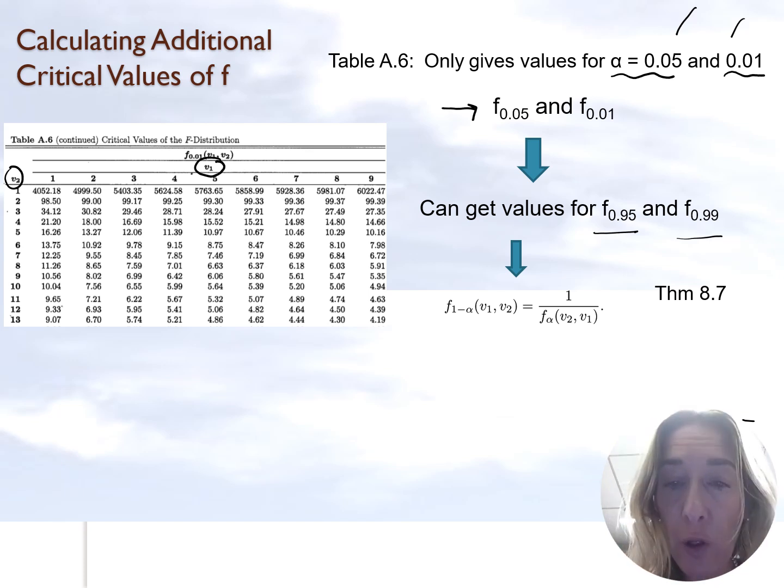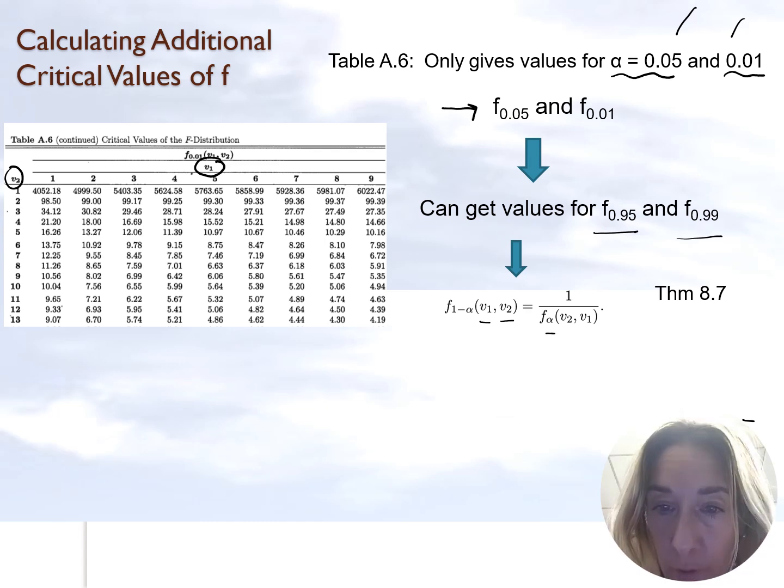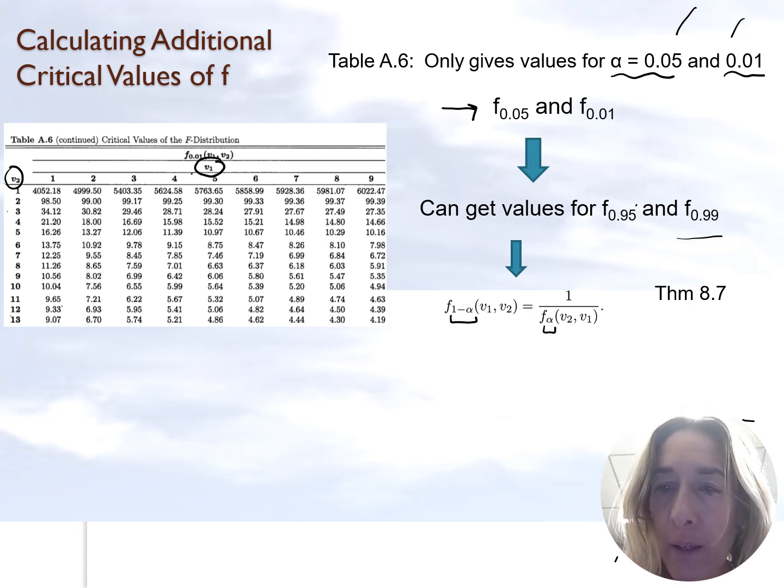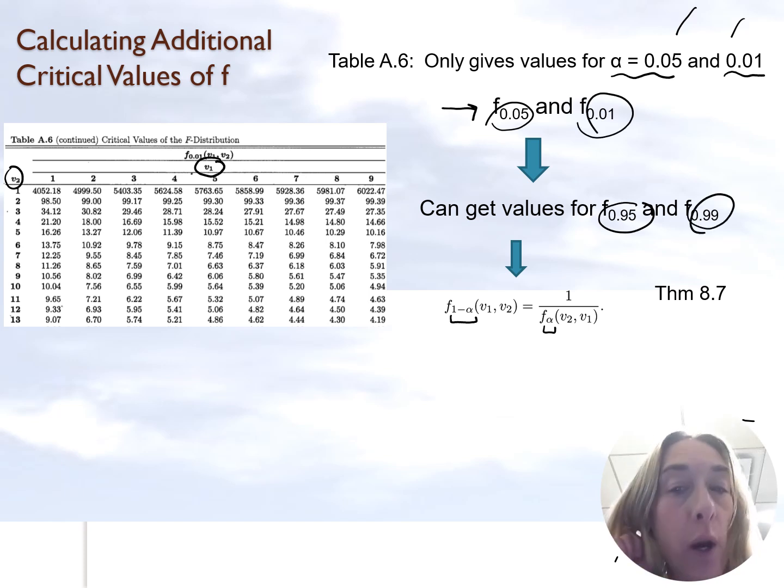Theorem 8.7 reads as follows: F of 1 minus alpha, nu 1, nu 2, is equal to the reciprocal of F of alpha. Let's take note that this subscript, 1 minus alpha, and alpha are complementary in that they add to 1, just as 0.99 and 0.01 add to 1.